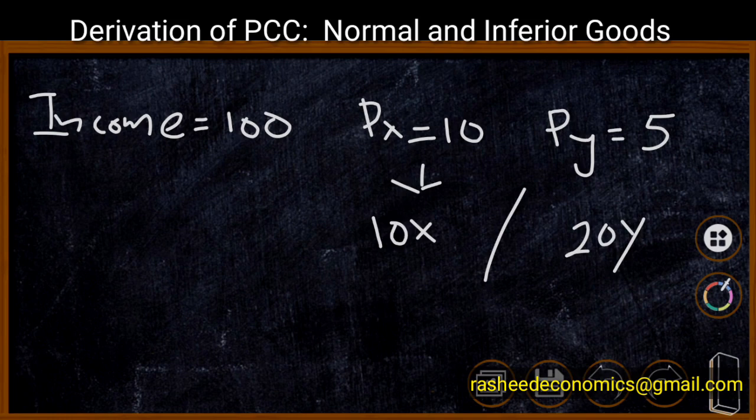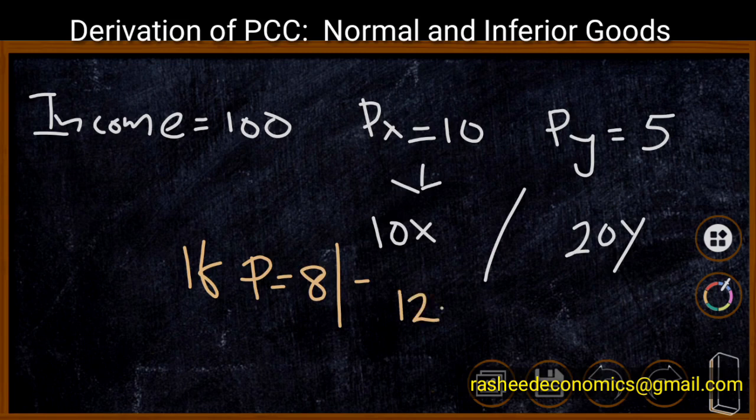Now suppose the price of commodity X decreases to rupees 8. Initially it was 10 and now it is 8. Then the consumer will be able to purchase 12.5 units of X. Initially the consumer was able to purchase only 10X, now he is able to purchase 12.5X.